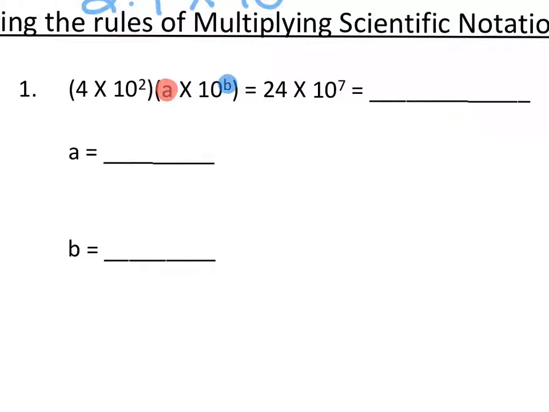Because what do I have to do to these two numbers? I have to multiply. And then these two numbers I have to do what? Add. So what is my A value going to be? 4 times what gives me 24? 6. Very good. 2 plus what gives me 7? 5.